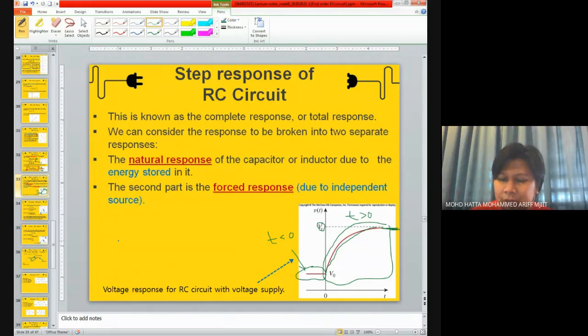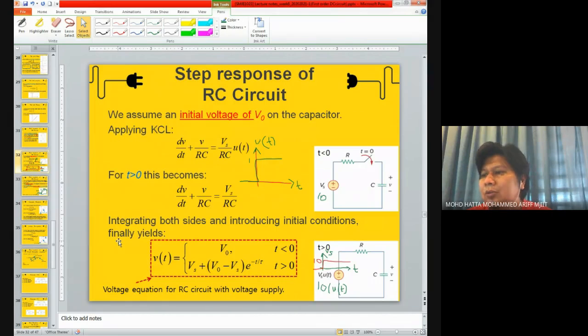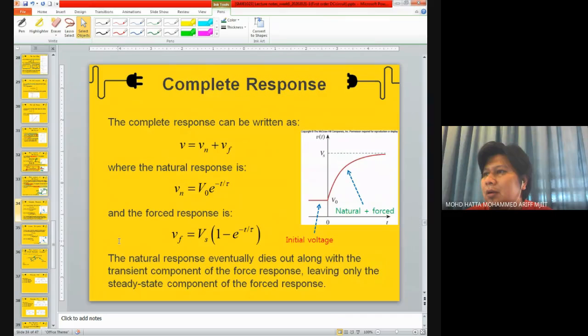Okay, anyway, if you don't know what is natural response, what is forced response, you still can answer the question for this topic, since you know how to find the parameters inside the equation, V naught, Vs, as well as tau. Okay, complete response, as I mentioned earlier, when we combine both natural and forced response, we will get our complete response.